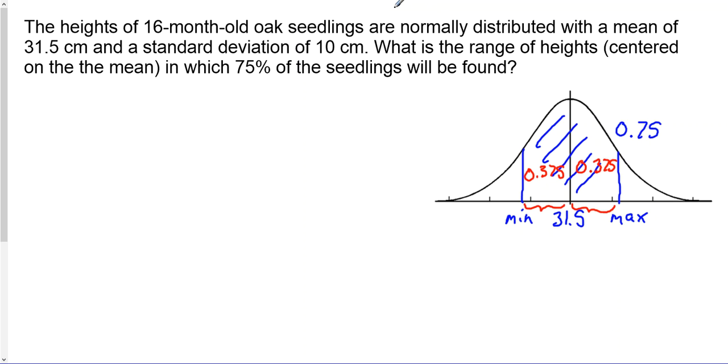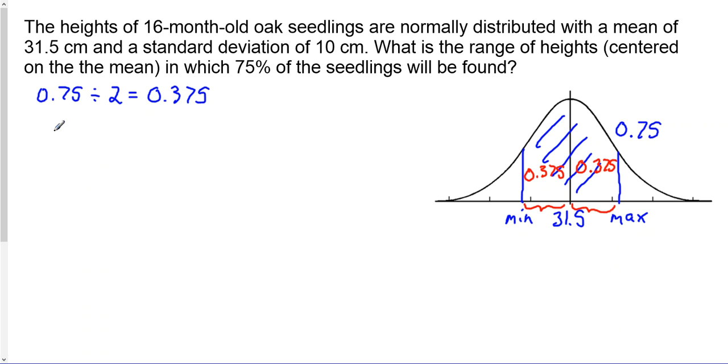Now we want to work backwards from that value of 0.375. Let's think about our max value first, and let's figure out what the z-score for our max value would be. Well, we took our 0.75, we divided it by 2 to get our 0.375. So we know that from the mean up to our maximum value there's going to be 0.375 or 37.5% of the data.